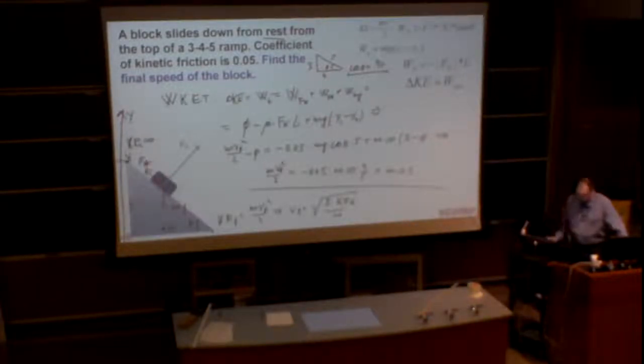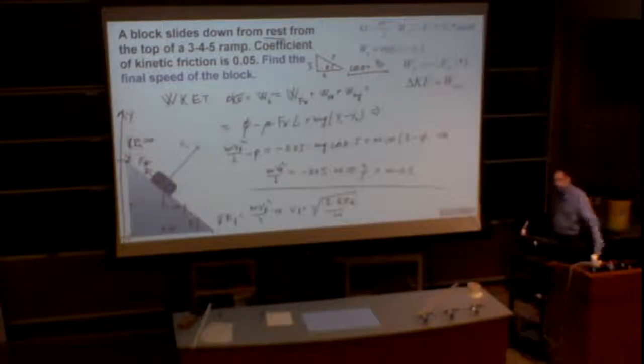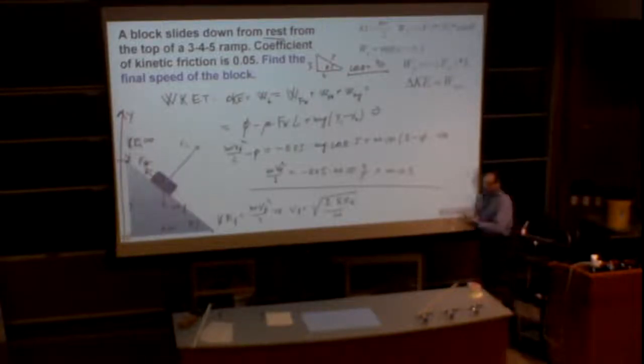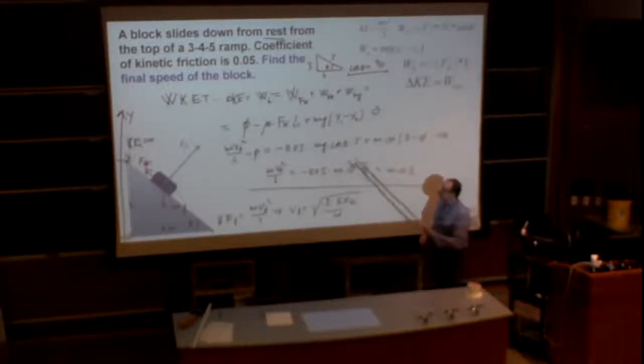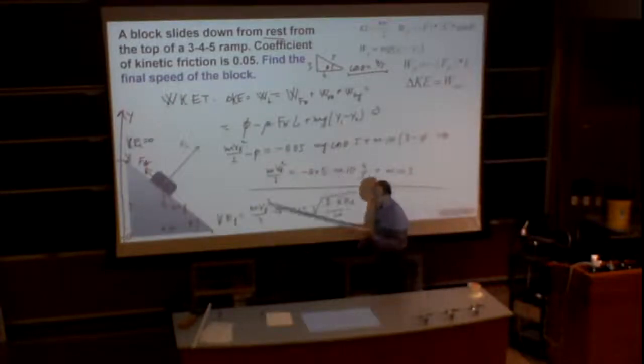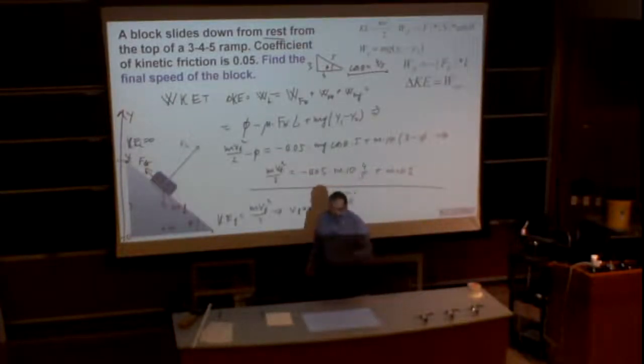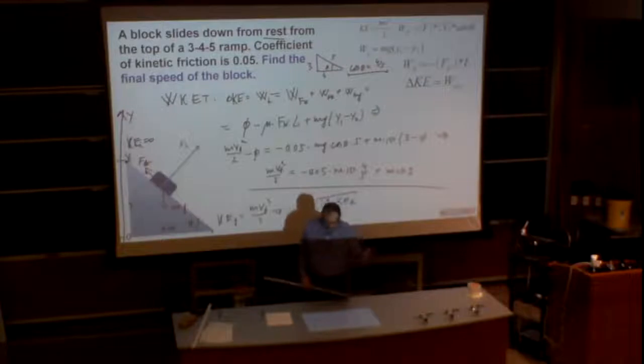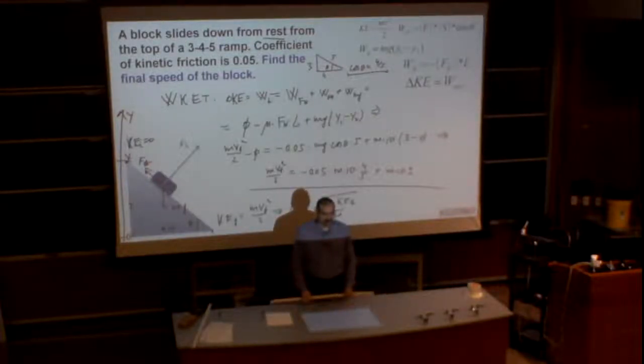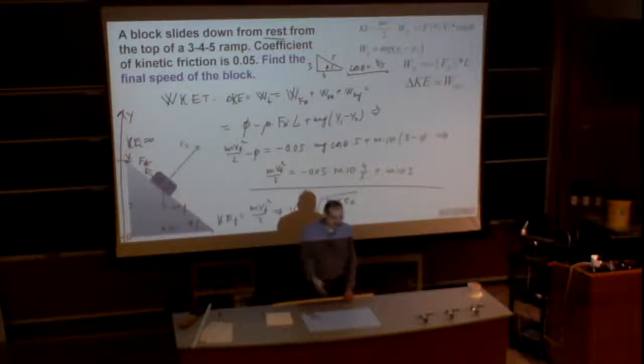Now, when you read this problem, you sometimes, not for everybody, but for some of you, your immediate reaction is, we cannot solve it because we don't know the mass. But until you solve the problem, you don't know what you need or what you don't need.